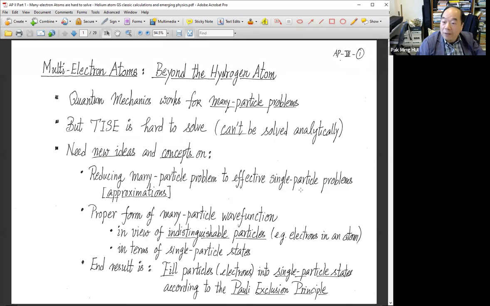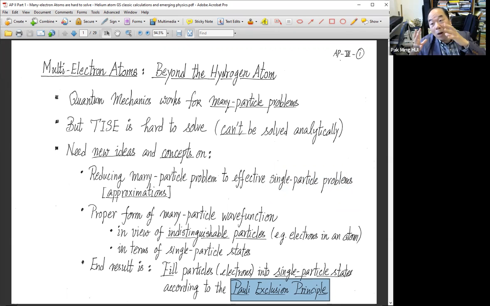Okay. Then a second related question is, let's say we can do it. So we have this 1s, 2s, 2p states. How can we fill the electrons in? Uranium, we have 92 electrons. What is the rule? You know the answer, Pauli exclusion principle. But we want to know a little bit more.